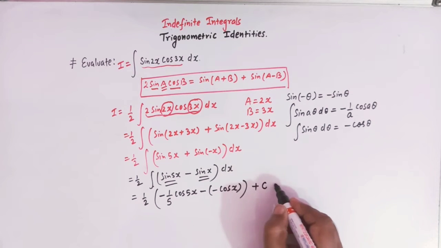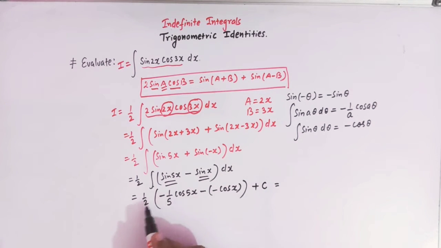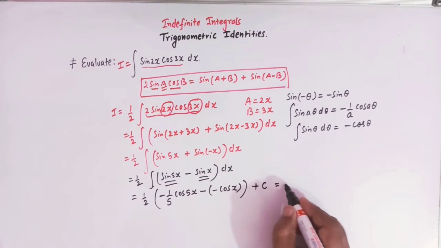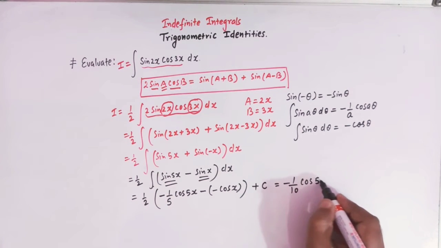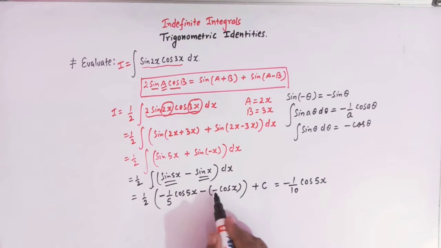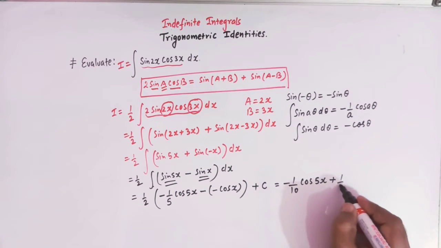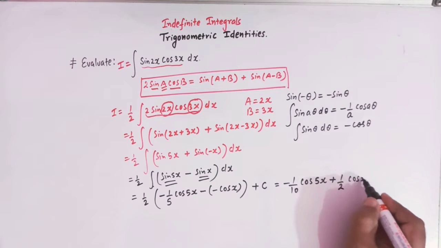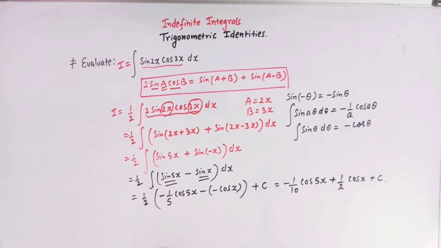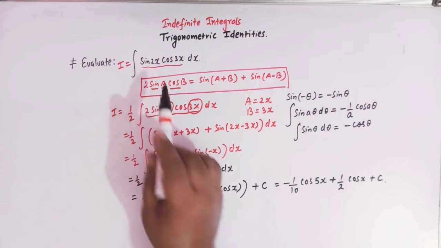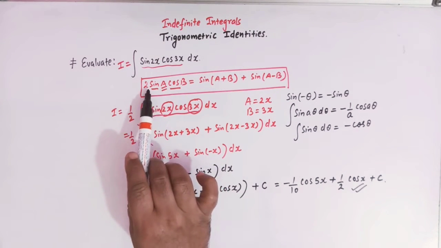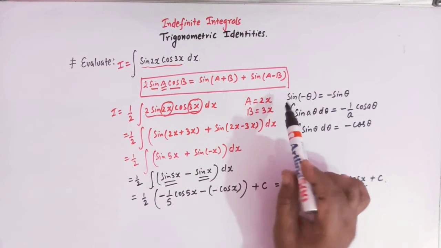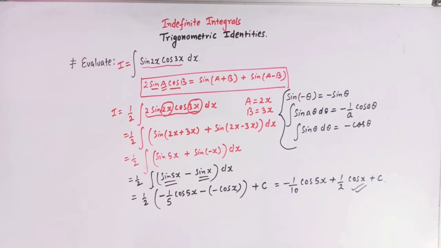If we multiply these two terms with half, we get minus 1 over 10 cos of 5x, and here minus becomes plus, so we have plus half cos of x plus c. So the integral of this function is equal to this expression by making use of this identity along with these results.